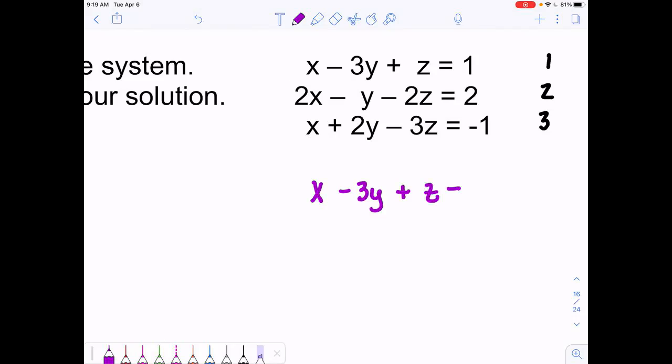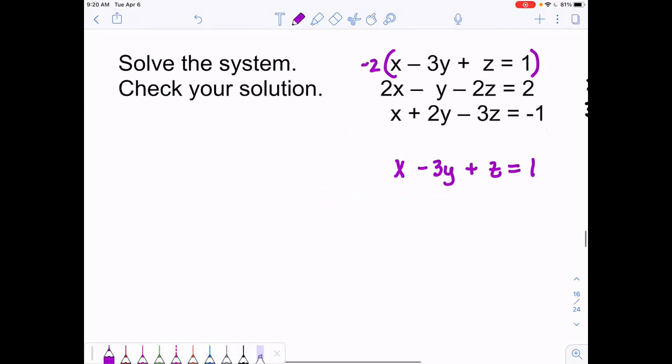So I'm going to write the first equation again so that I know that I'm keeping that equation the same. Kaden, what would we multiply equation 1 by so that we can eliminate x in equation 2? Yeah, so let's multiply this by -2. So that becomes -2x, positive 6y, minus 2z equals -2.